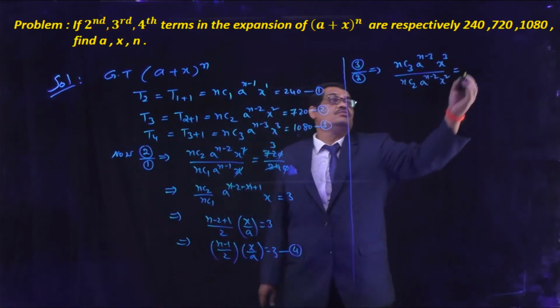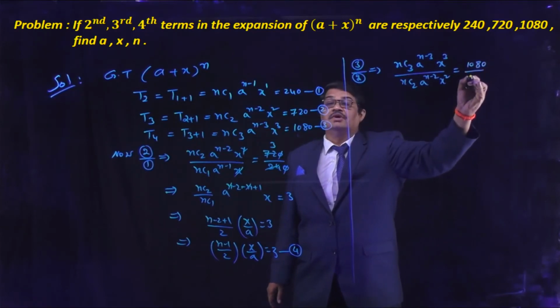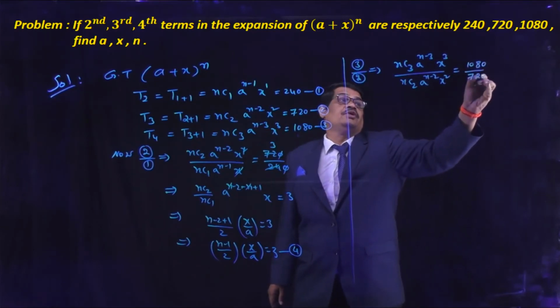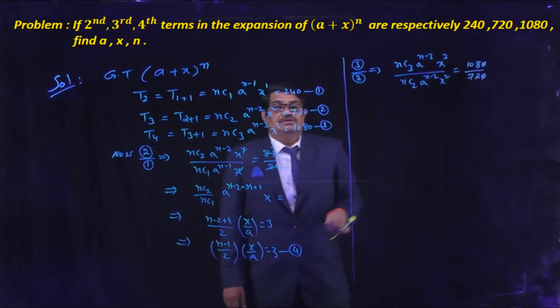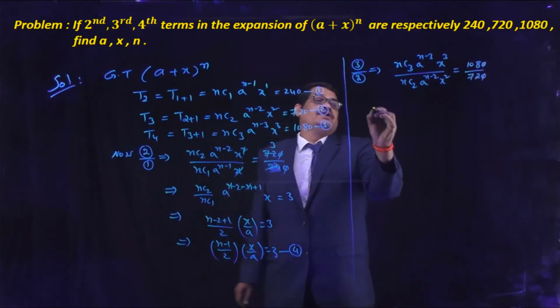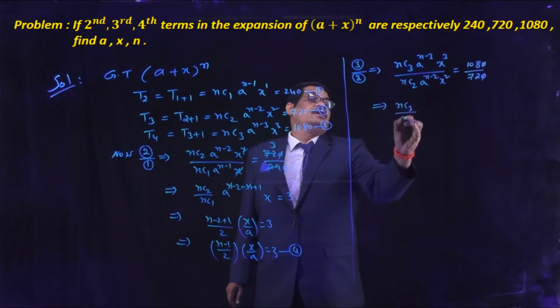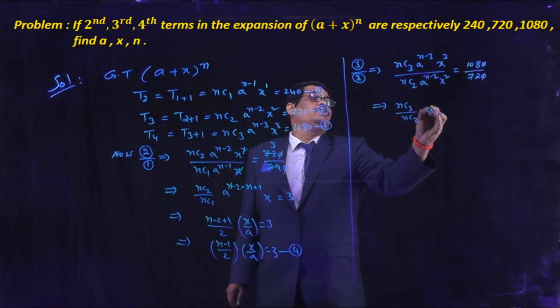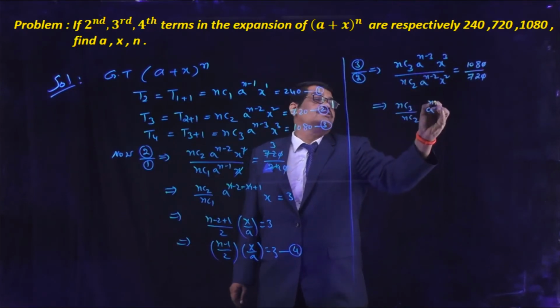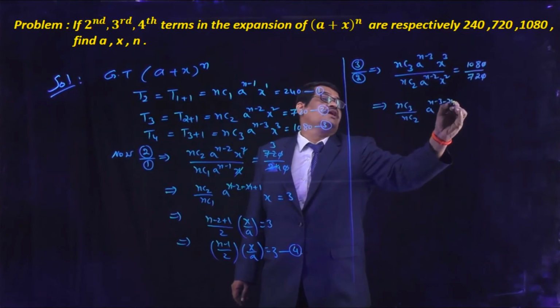That is 1080, and this is 720. These zeros will be cancelled. So if we write here, nC3 by nC2, a to the power of n minus 3, moving to the numerator, minus n plus 2.